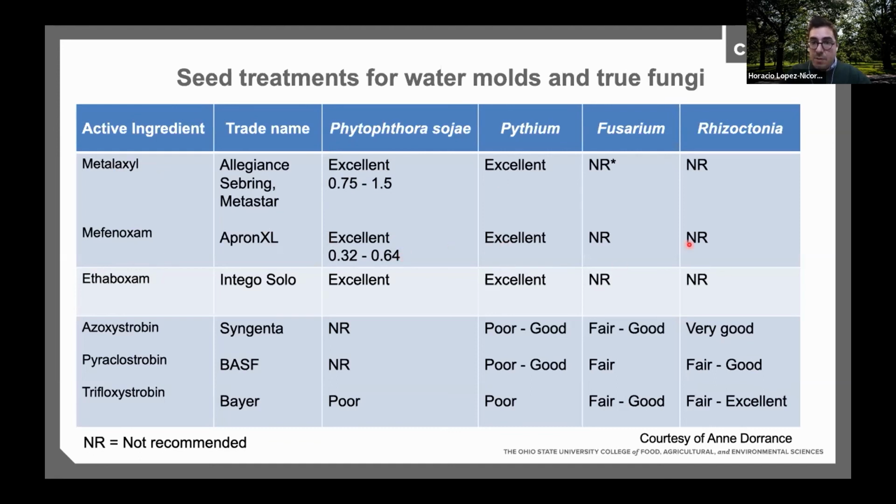However, they're not recommended if you're trying to manage true fungi. The example of Apron, if you remember that picture with Fusarium graminearum, just shows that. On the other hand, fungicides meant to control true fungi are excellent at doing so, but not recommended if water mold is the problem.